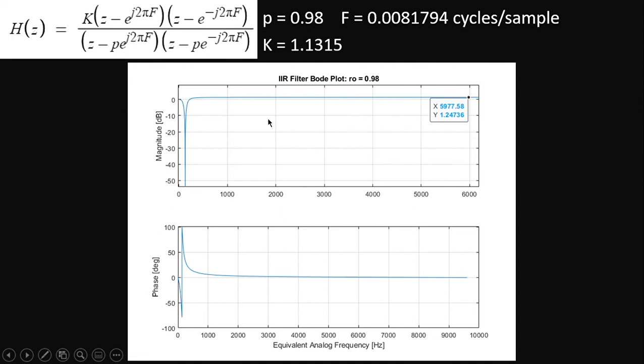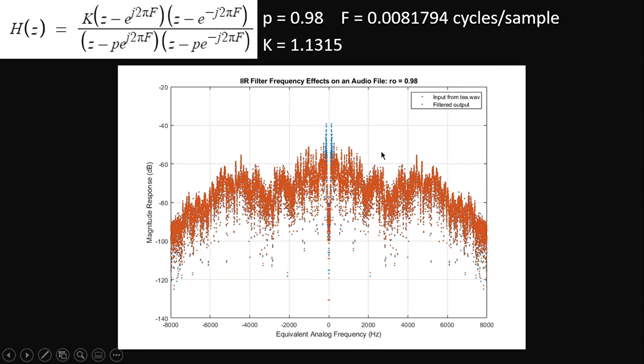So that's better than before, but we still have a little bit of amplification there, and that's not ideal. We want to see if we can improve that a little bit more. And so we can see the effects on our signal by again plotting the input and output signal in the frequency domain, and we can see the attenuation at the desired frequency that we wanted to attenuate, and there's much less amplification at the higher frequencies than before.